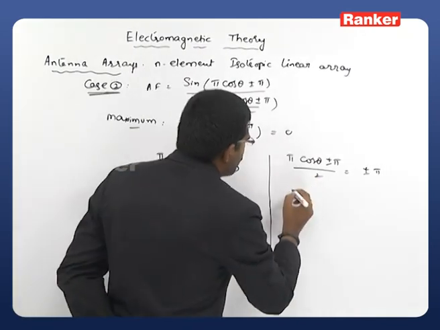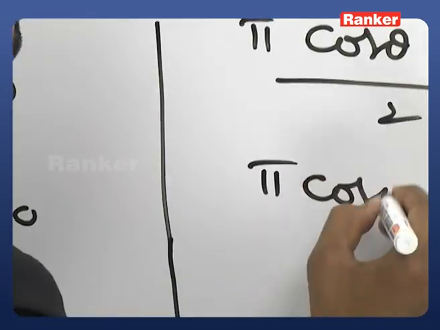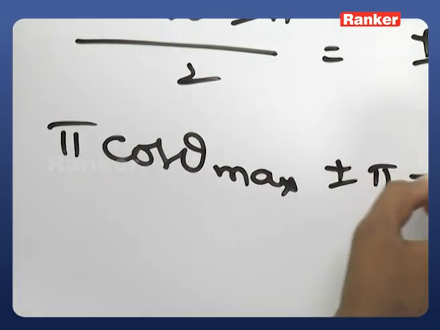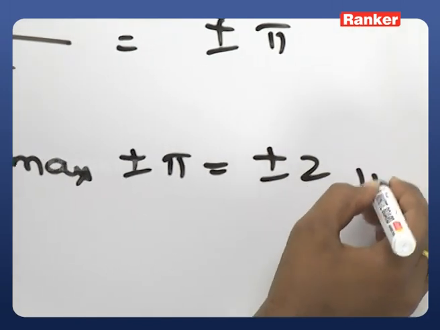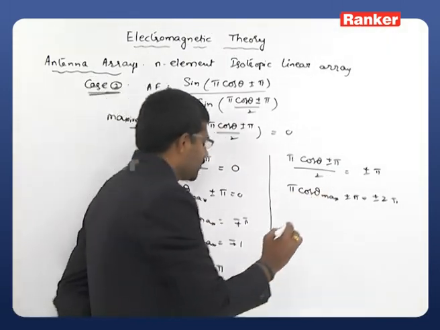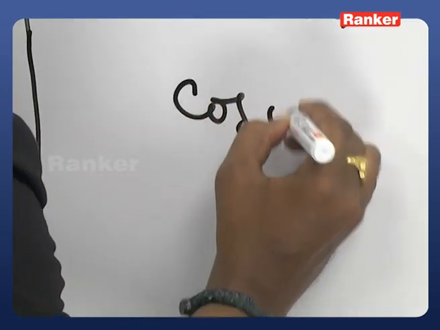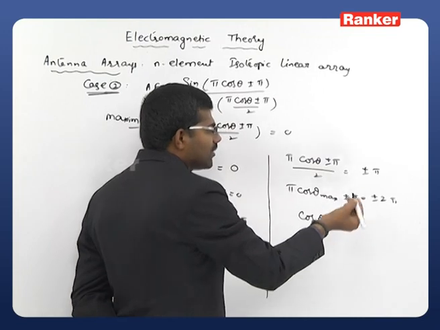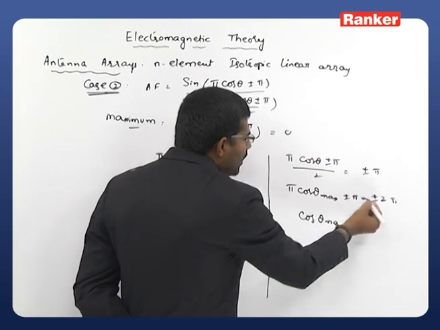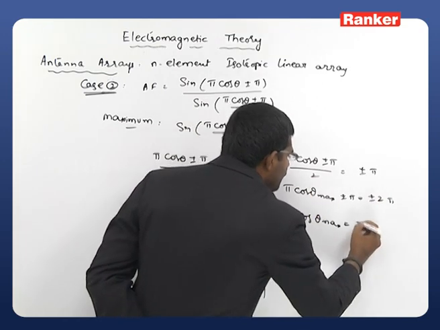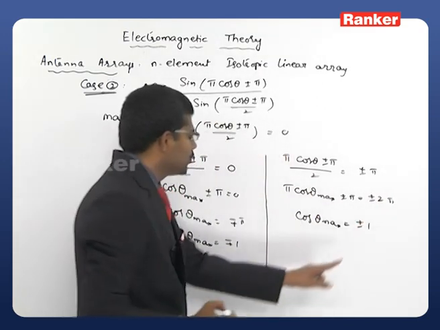In the second case, here also I will write this as pi cos theta max plus or minus pi is equal to plus or minus 2 pi. Simplifying this, cos theta max is equal to this plus or minus go to the right hand side, that becomes minus r plus 2 pi minus pi, that is only pi will be there, pi will be cancelled. Once again you will get plus or minus 1.